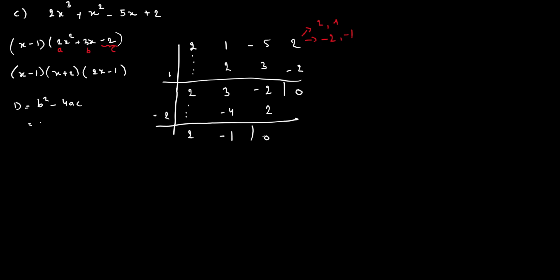Okay, let's fill that in. So you get 9, okay, minus 4ac, so minus 4 times 2 times minus 2, which is, well, these negative signs are going to cancel out, so this gives you 4, 16, so 25. Your discriminant is 25. Okay, that's neat because the root of 25 is 5. That's all I did here.